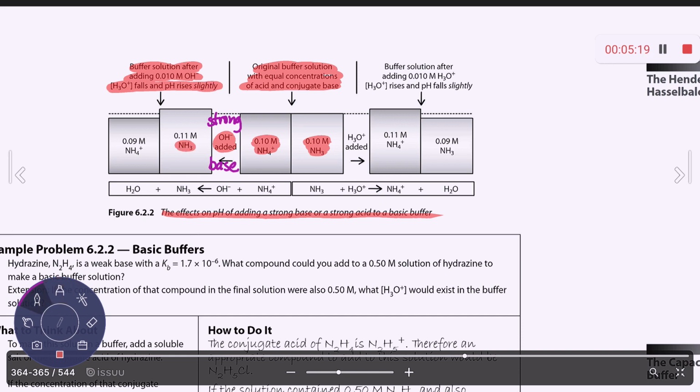Here you're going to have a larger concentration of your weak base. And on the right-hand side, when you add your hydronium from your strong acid, here you will have a larger concentration of your conjugate acid.